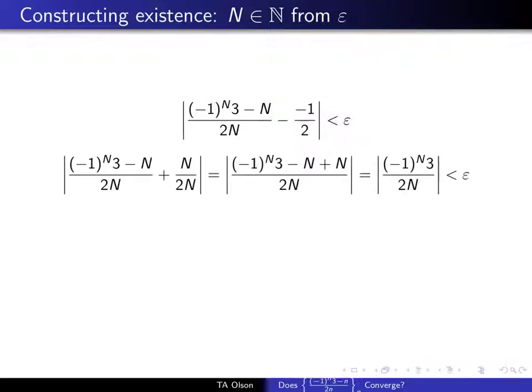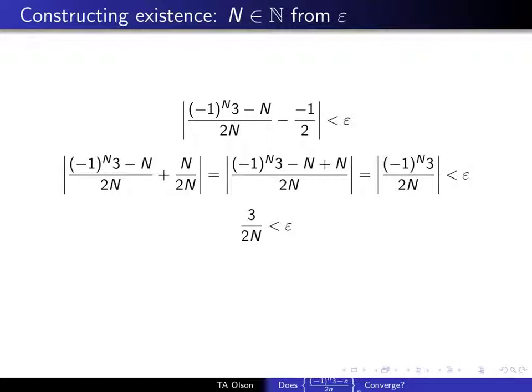Now, doing a little algebra, we see that this thing happens to be equal to this. And if we still need it to be less than epsilon, the absolute value and the (-1)^n are going to cancel out. The 3 and the 2n are all positive, so we're good to go there.